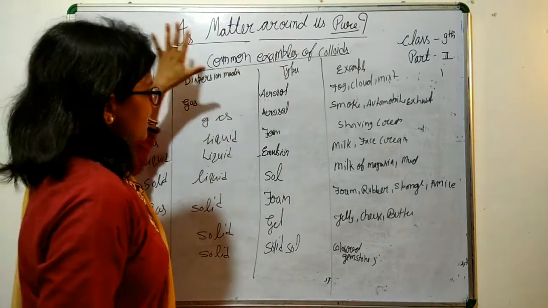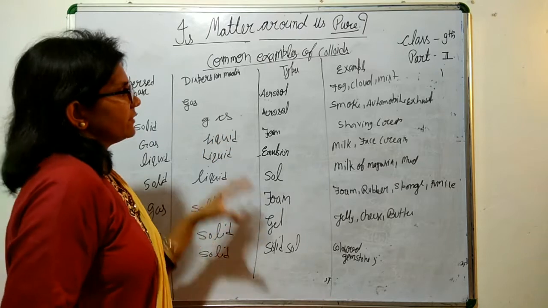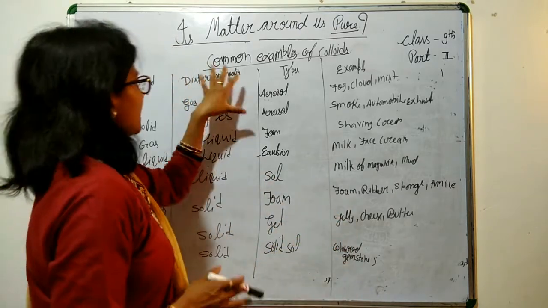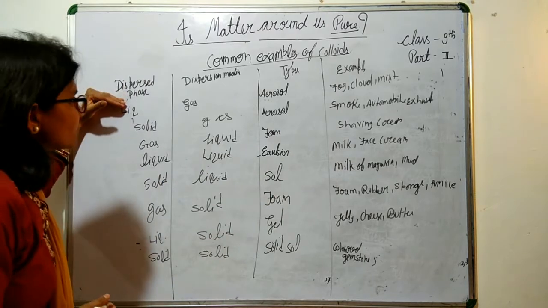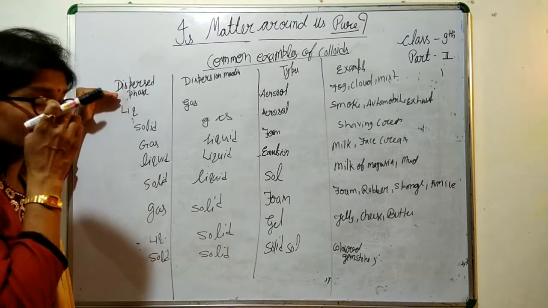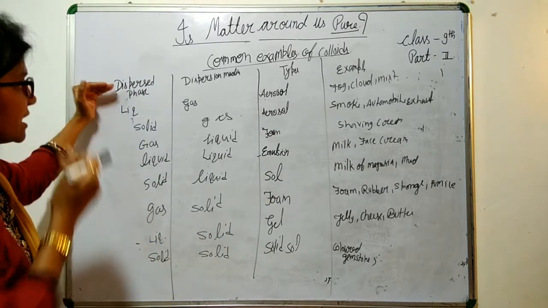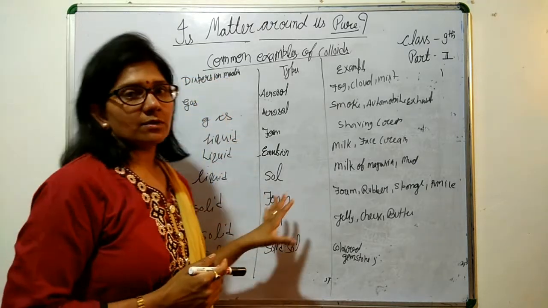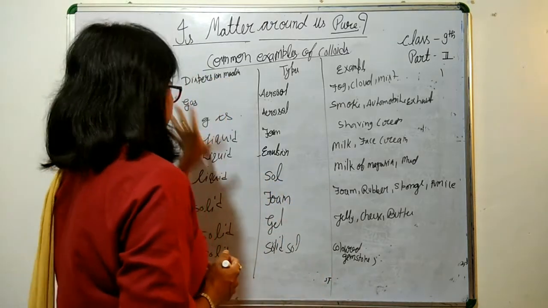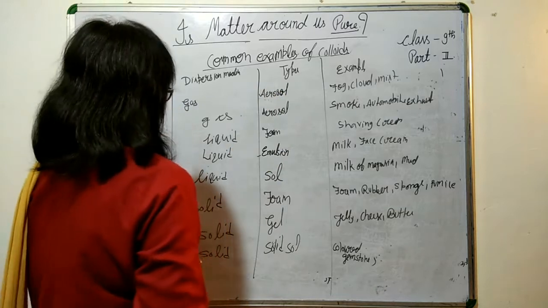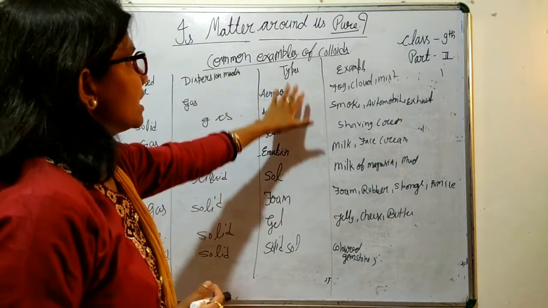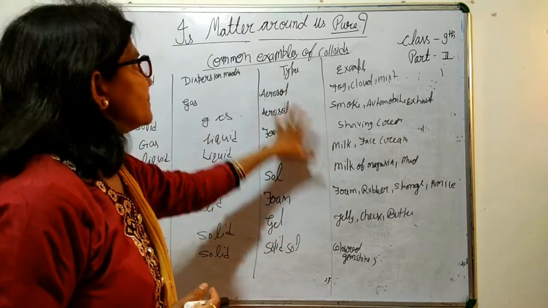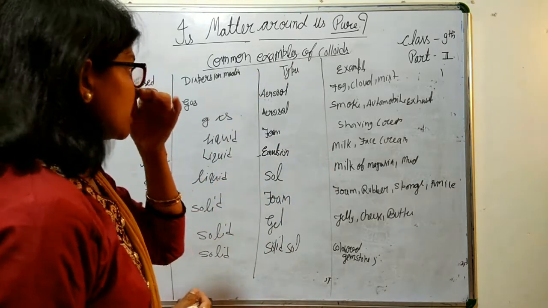To make it easy, I have written it here so that we can recall everything. These are the common examples of colloids. The dispersed phase is analogous to your solute, and the dispersion medium is analogous to your solvent. This combination of dispersed phase and dispersion medium gives us different types of colloids which are very common.